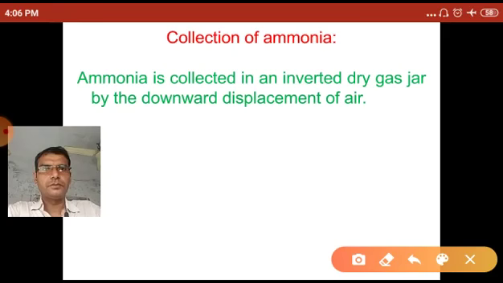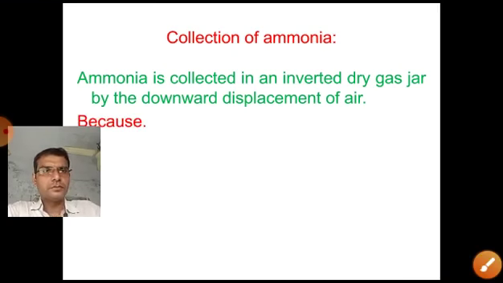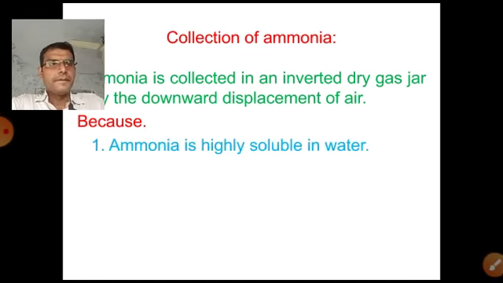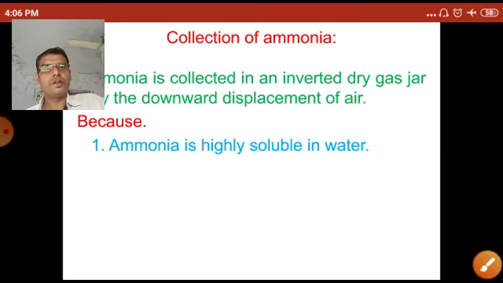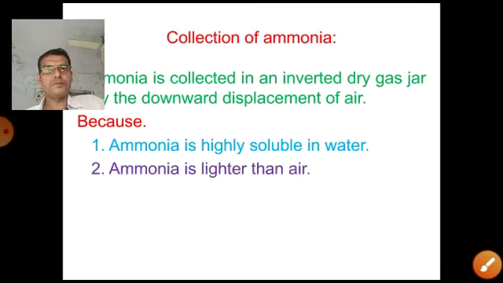Because ammonia is highly soluble in water, it is never collected over water. When we try to collect ammonia in water, we can't get the gas, because it reacts with the water and forms ammonium hydroxide.